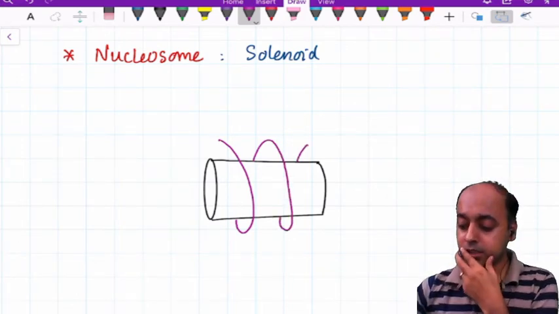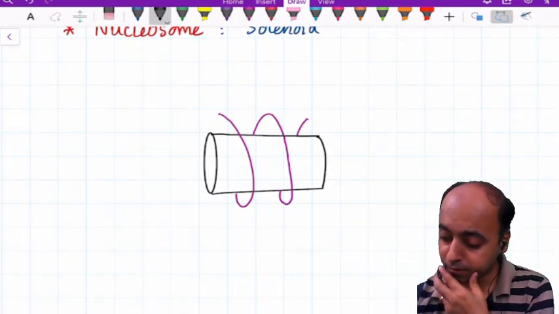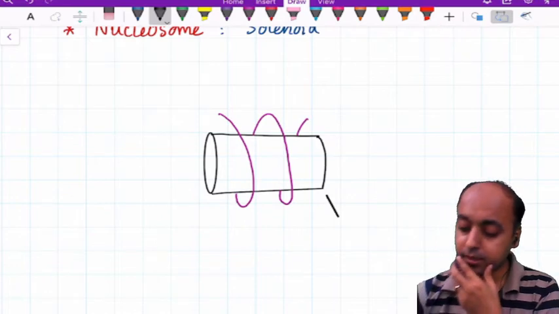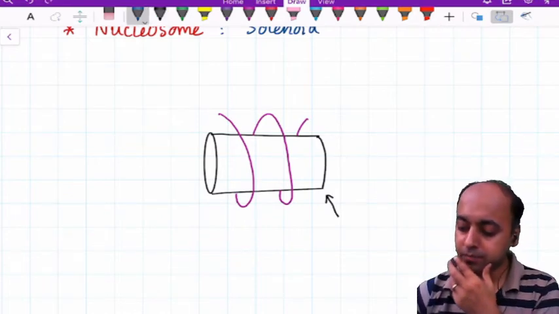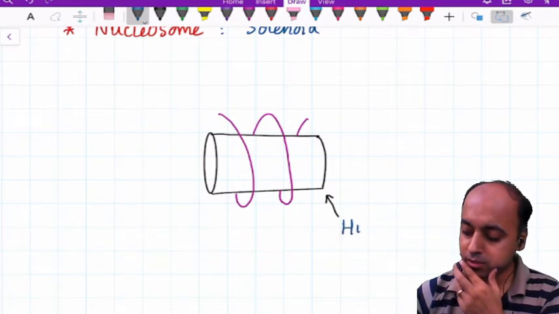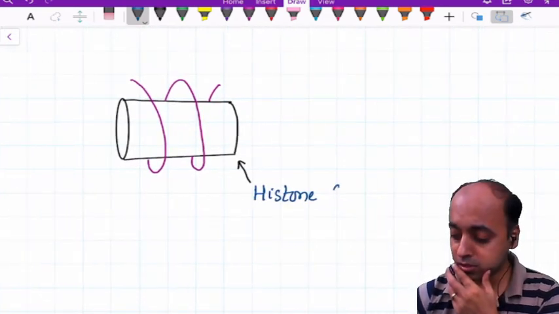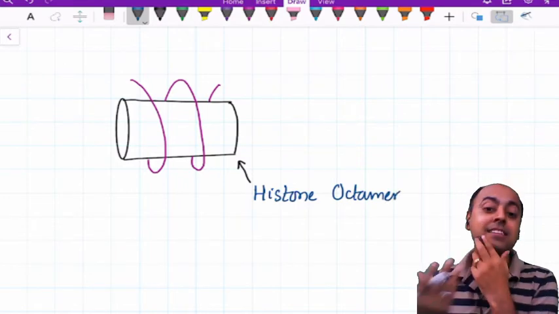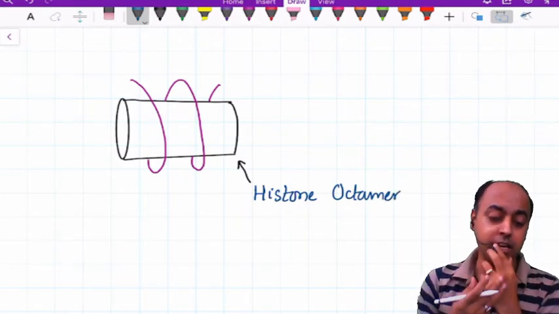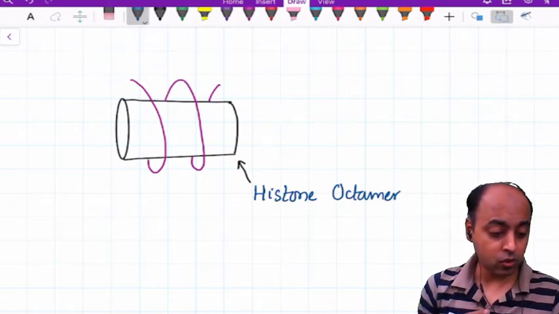Alright, this central core that you see is made up of histones. More precisely, the structure is a histone octamer. The name itself tells you there are 8 subunits of histone. It's called the histone octamer.